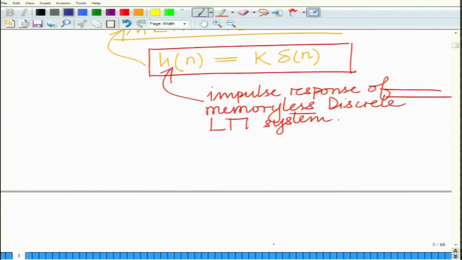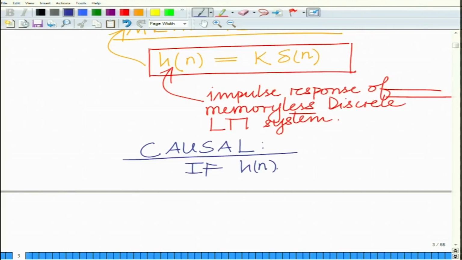Now, a discrete LTI system is causal, which means the output depends only on the present and past values of the input, if h of n equals 0 for n less than 0.